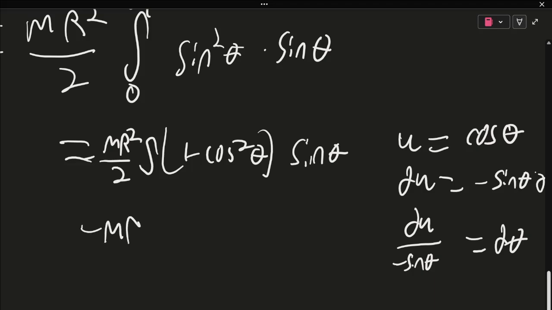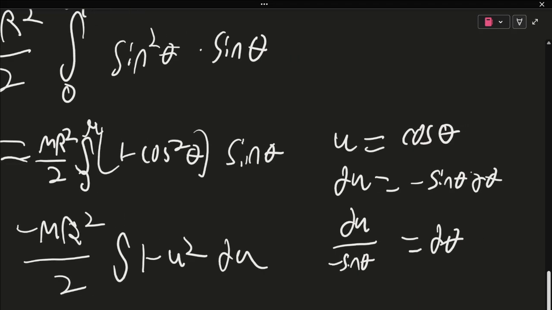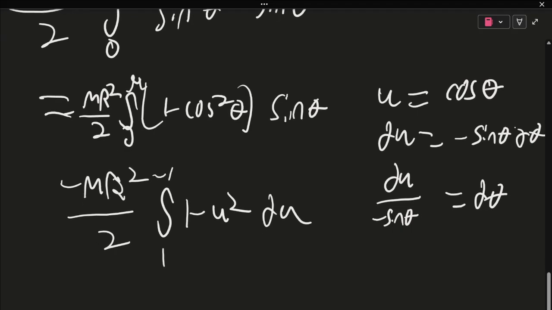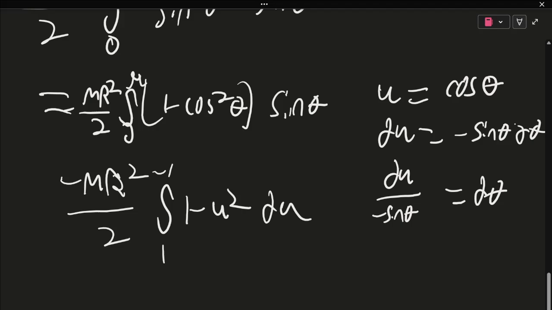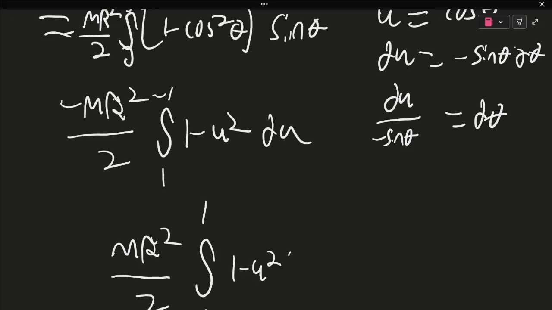So negative mass radius squared over 2 times the integral of 1 minus u squared du. We also need to change our bounds of integration. So 0 to pi: cosine of 0 is going to be positive 1. Cosine of pi is going to be negative 1. And then we can use our integration laws to rewrite this as the positive mr squared over 2 integral from negative 1 to 1 of 1 minus u squared du.